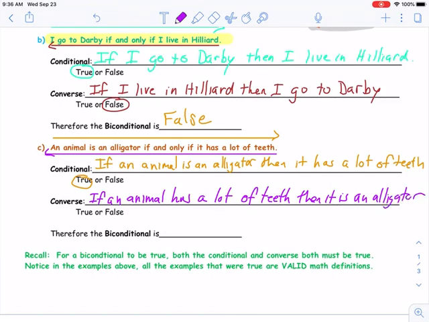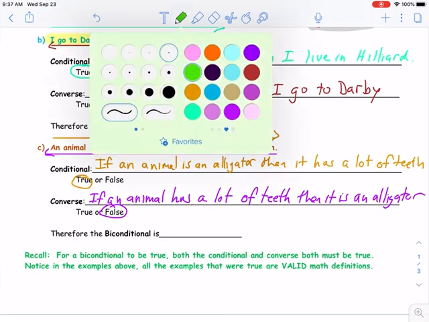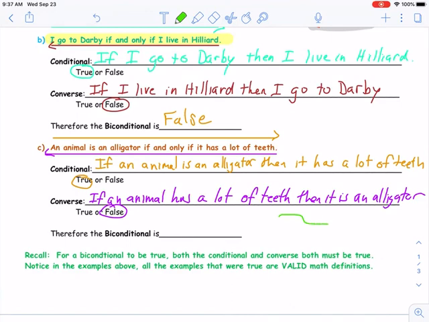That is false. There's a lot of animals with a lot of teeth. Probably the easiest one is the crocodilian. All right, here's a picture of a crocodile. We'll make it a smiling crocodile. He's happy. All right, so it's a false biconditional statement.